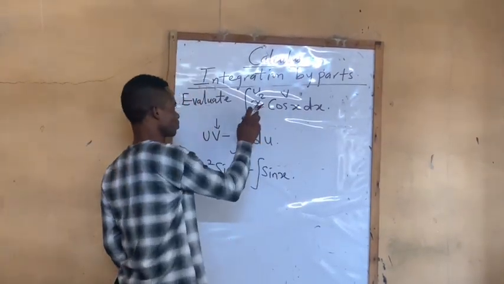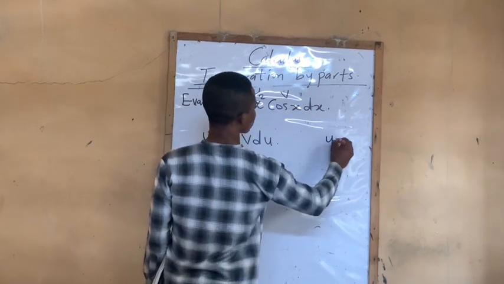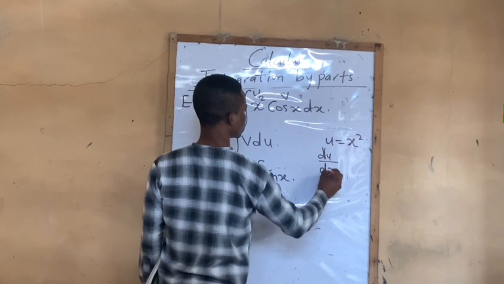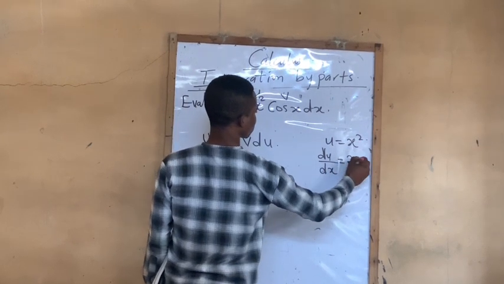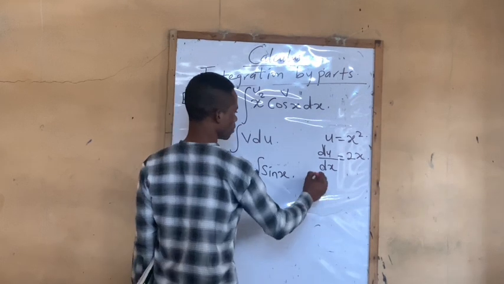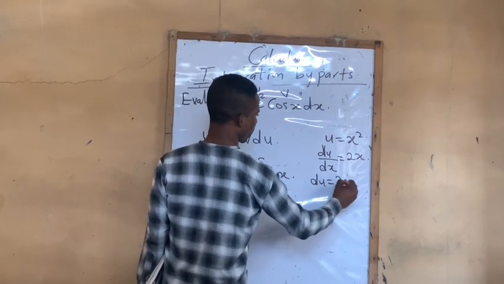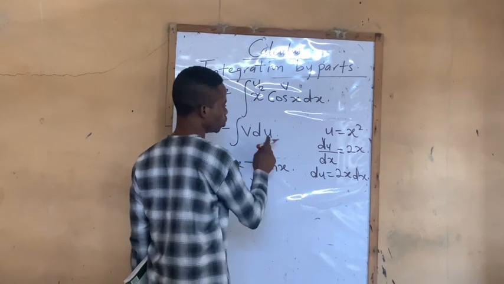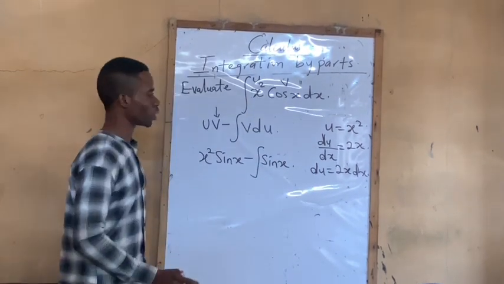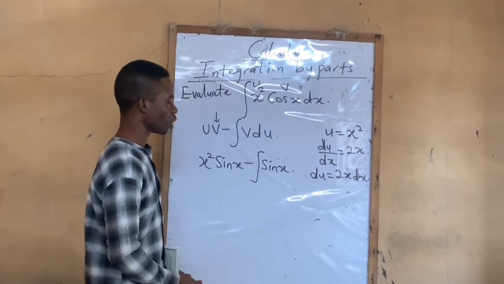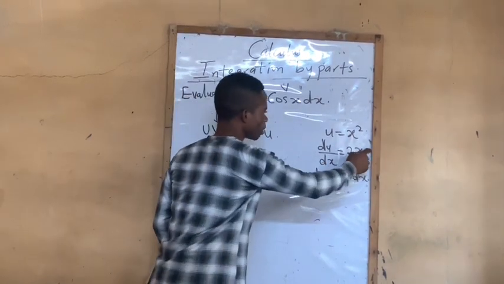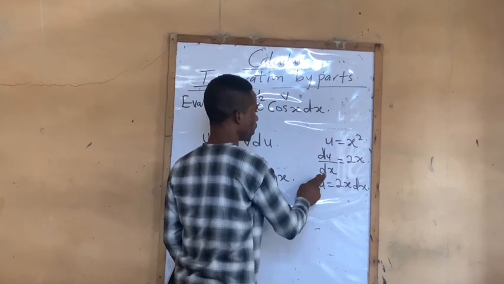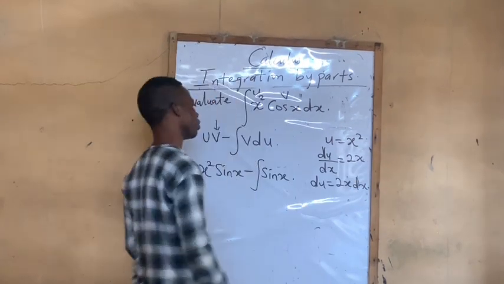We say u equals x squared. I can find du dx. du dx is 2x. So if I cross multiply, that means du equals 2x dx. Don't forget, I'm looking for du. So du is already 2x dx. What do you think I did? I cross multiply, so dx is coming back at the back of 2x here.